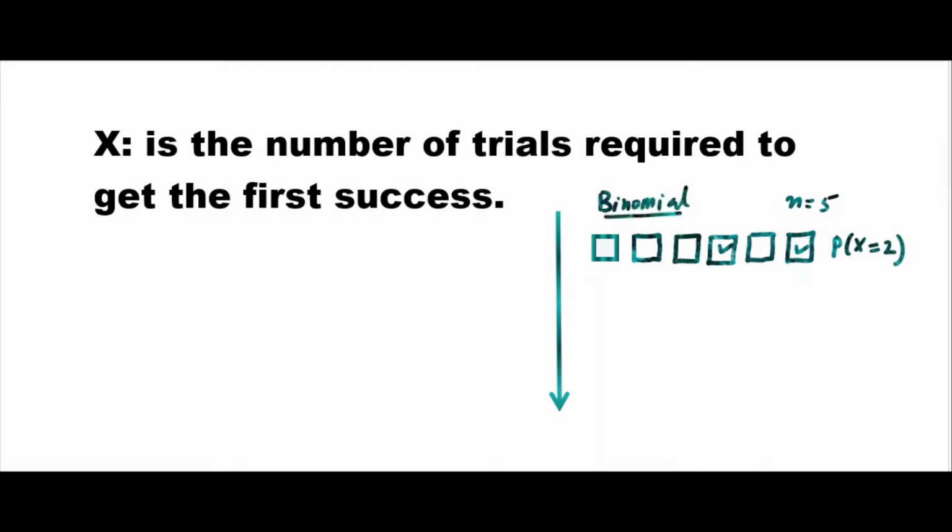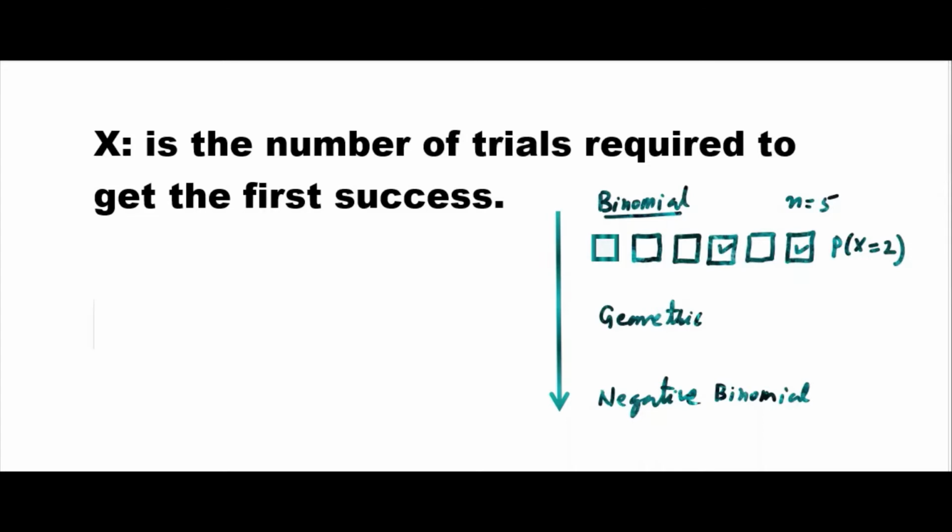Now coming to geometric and specifically negative binomial, which is the opposite of binomial, we'll do the opposite thing. That means we'll not worry about the number of trials. That is not fixed here. You count the number of trials, but fix your success.